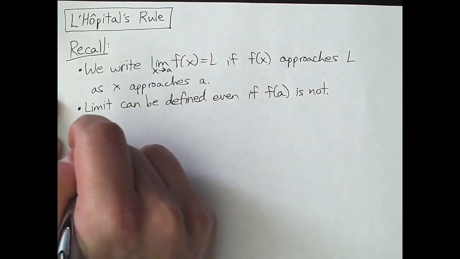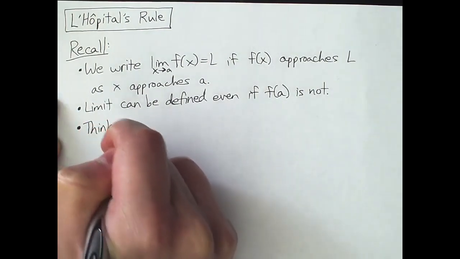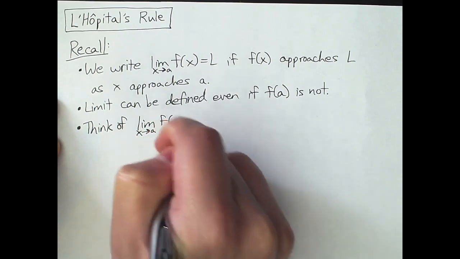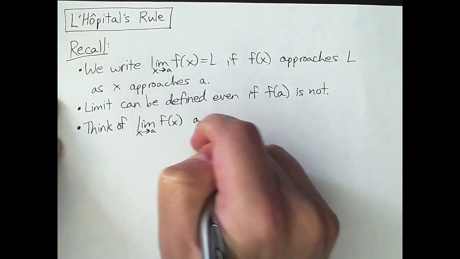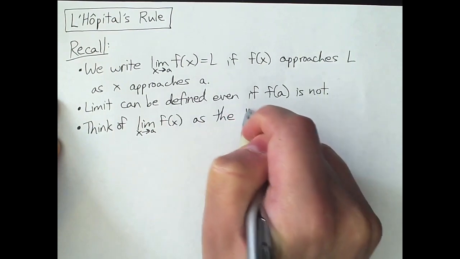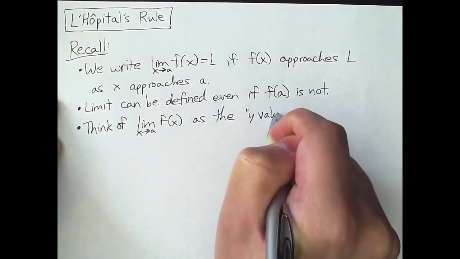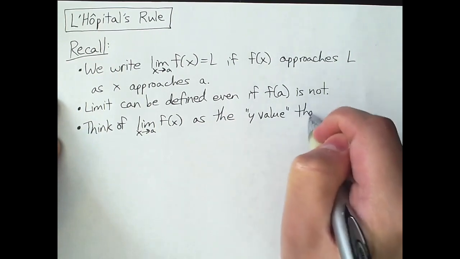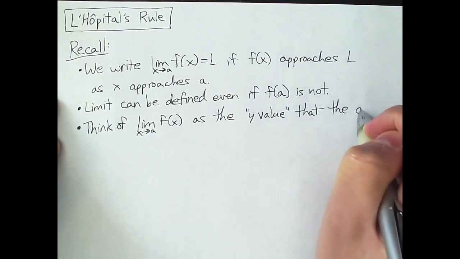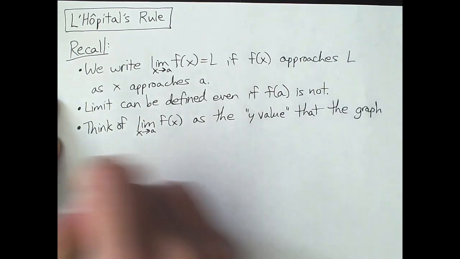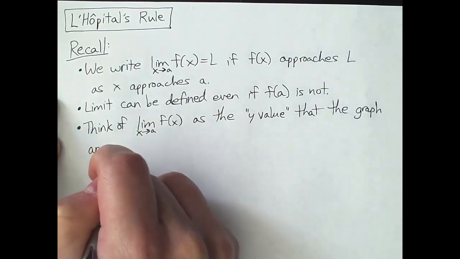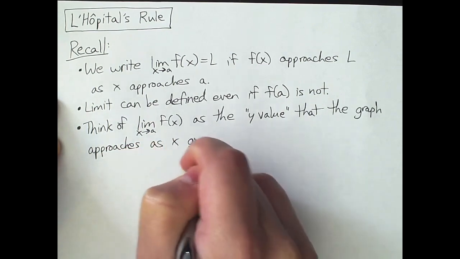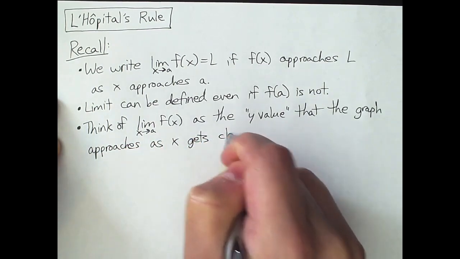And informally, we can think of the limit as x approaches a of f of x as the y value that the graph approaches as x gets closer and closer to a.